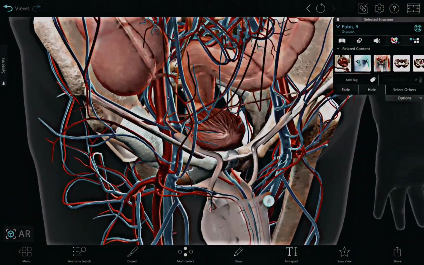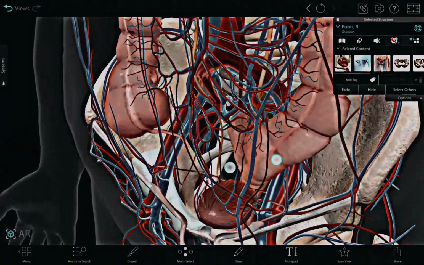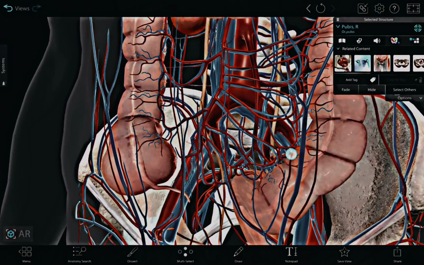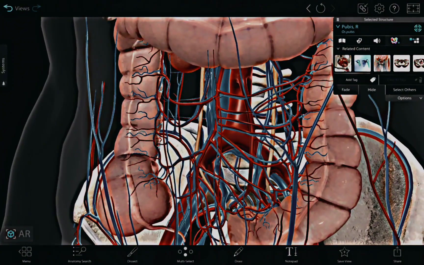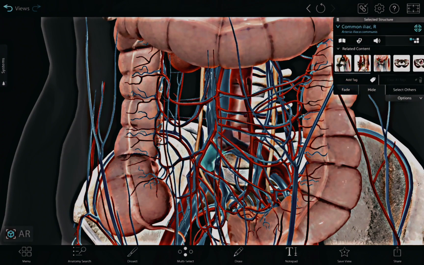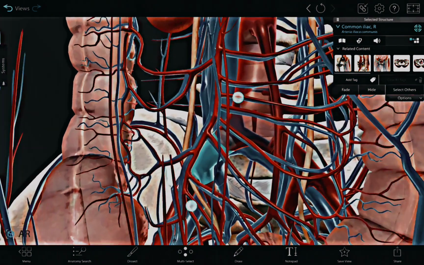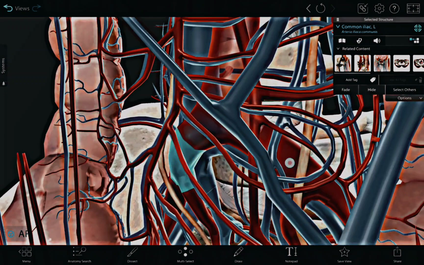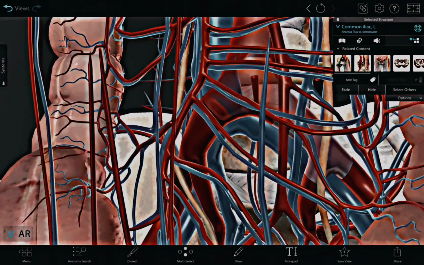And now, as I have talked to you before about the arteries, this is the aorta, one part goes up from the heart and one comes down towards the abdomen. You can see it divides into the common iliac arteries.